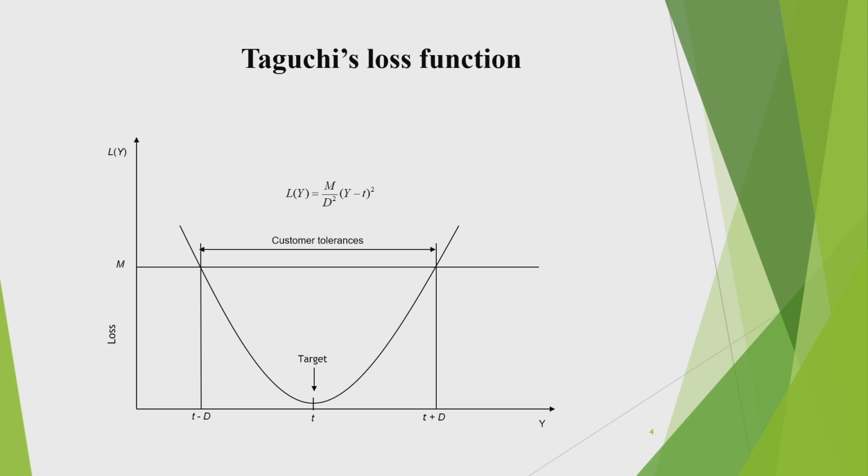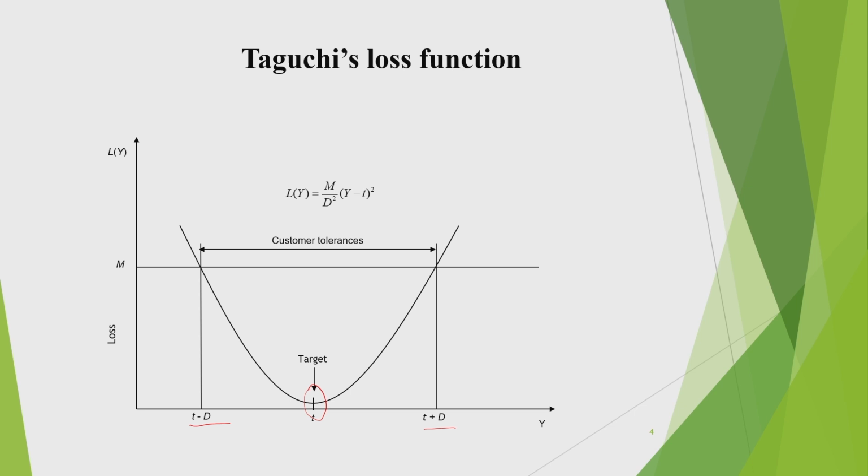Then he gave, of course, the concept of a loss function. Taguchi said that quality is basically lost to the society and customer. He illustrated it like this: suppose some dimension has to be produced, some shaft is produced, and the target is T, but let us say the customer has a tolerance, and is happy to accept even T plus D and T minus D, but beyond that he will be unhappy.